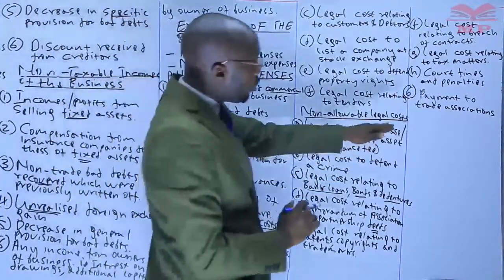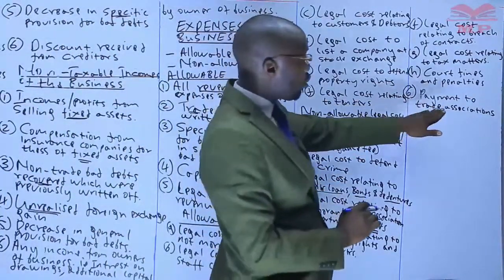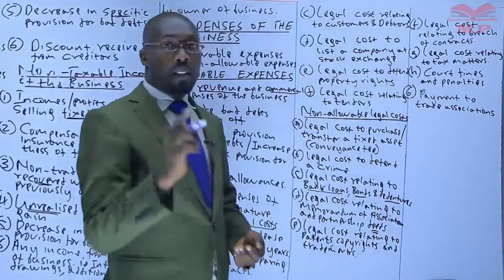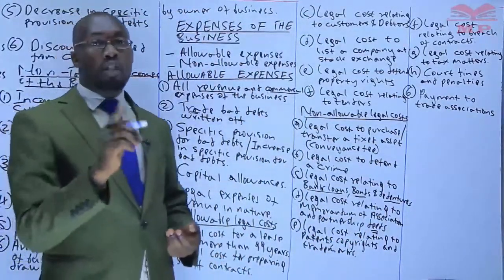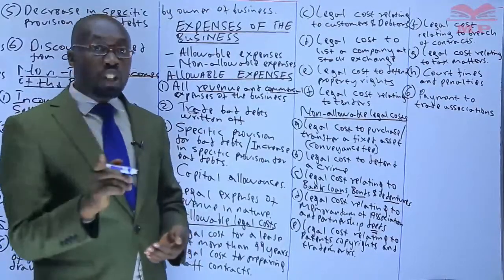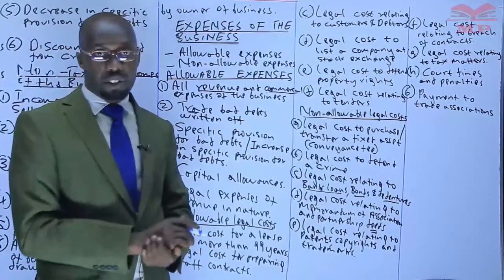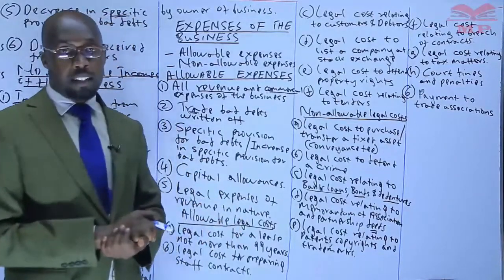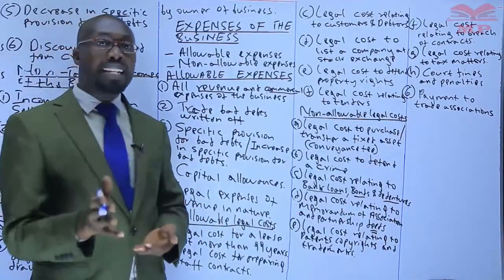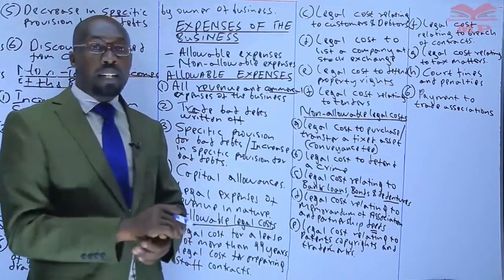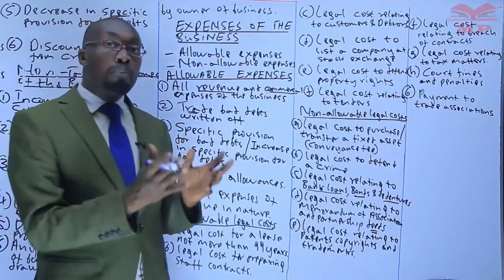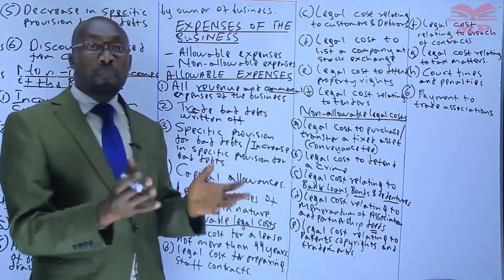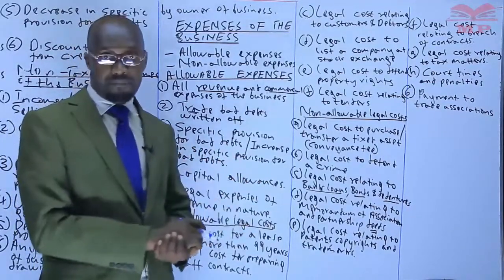Now, back to number 6, payment to trade association. As the word says, a trade association is an association that is related to your trade. For example, if you are operating a bank, they normally have an association called Kenya Bankers Association. It is there to improve the banks, to fight for the interest of the banks.